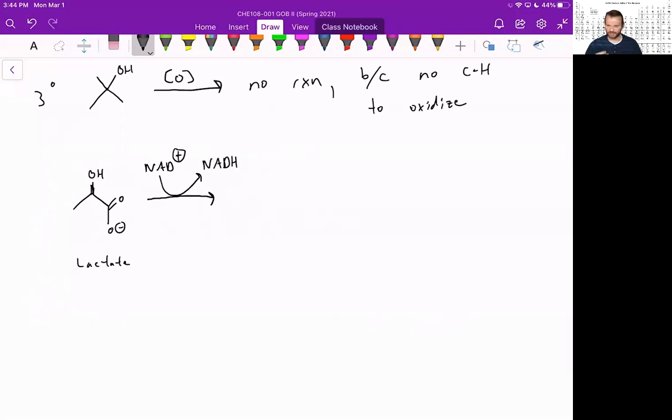Okay, it's a mouthful. NAD plus will oxidize the alcohol, the hydroxyl functional group, to pyruvate.